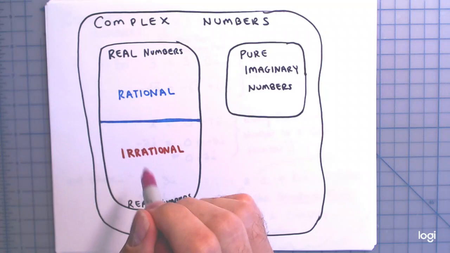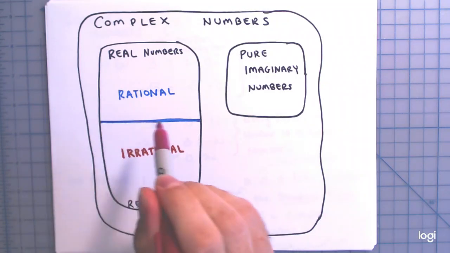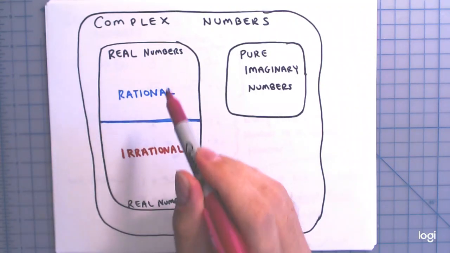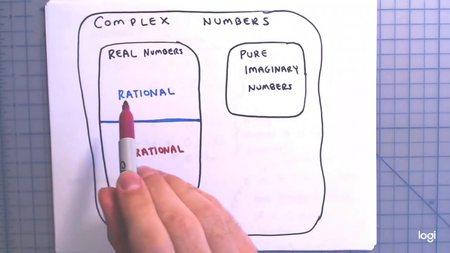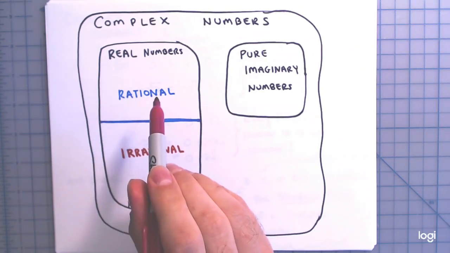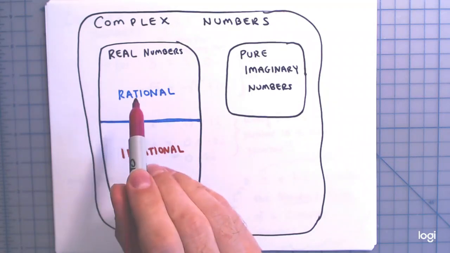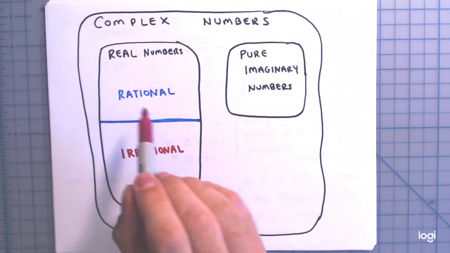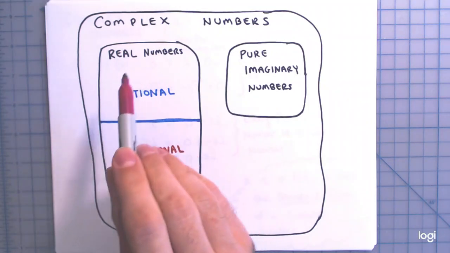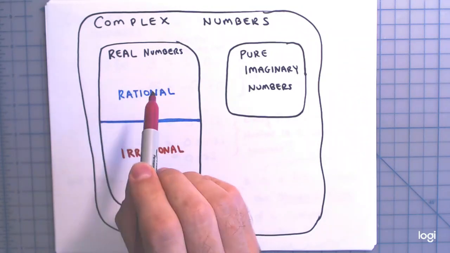And the real numbers are broken up. Notice I got a little divider in here. The real numbers are broken up into the ones that are rational, right? Can be written as a fraction. So these are your natural numbers, your whole numbers, your integers, and any ratio of two integers are all in here. Their decimals either terminate or repeat.